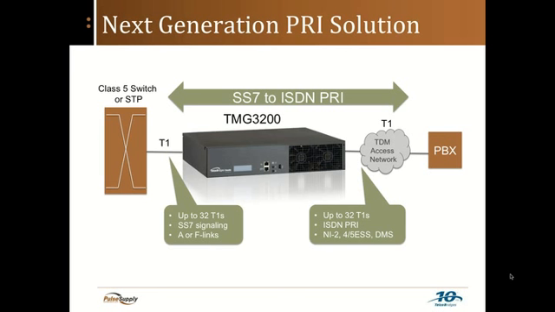To talk specifically a little bit here about the TMG3200, it's a device that can support, in this configuration, up to 32 T1s towards your TDM switch with SS7 signaling, here again either A-links or F-links, and up to 32 ISDN PRIs on the customer side, supporting a variety of ISDN variants that are individually configurable per port.